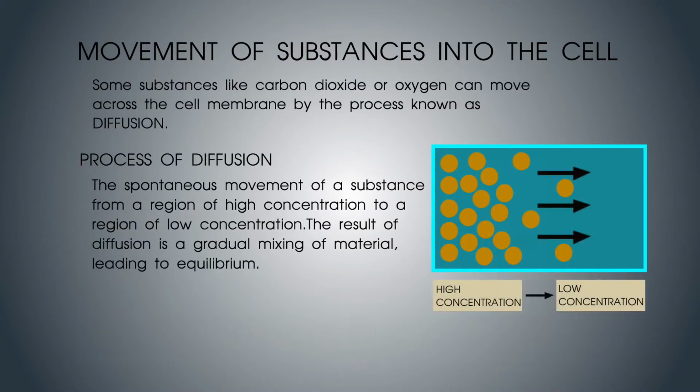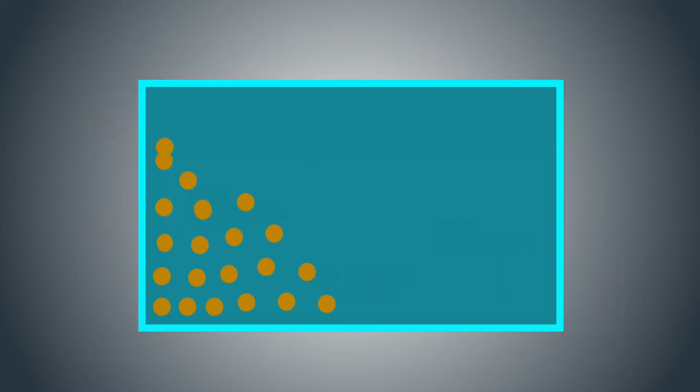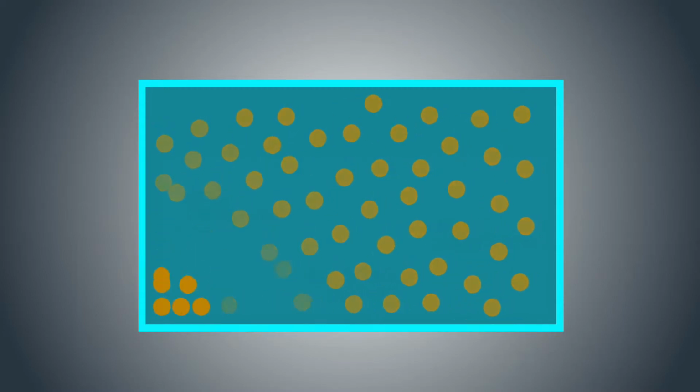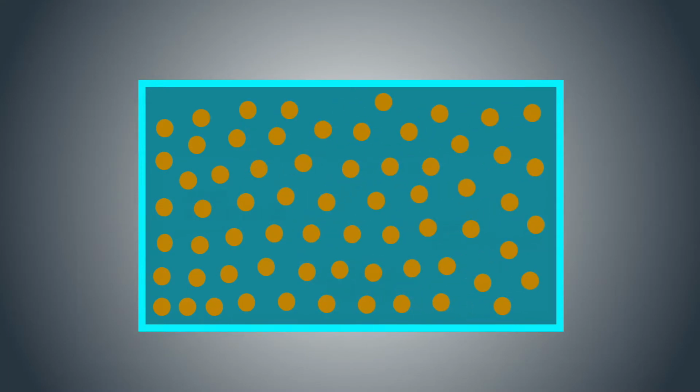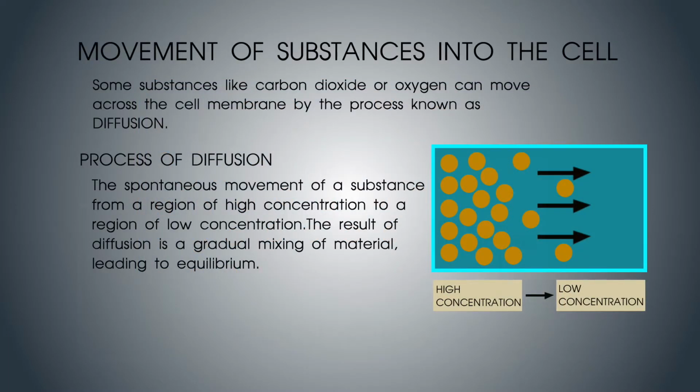For example, some substances like CO2 accumulate in high concentration inside the cell. In the cell's external environment, the concentration of CO2 is low as compared to inside the cell. As soon as there is a difference of concentration of CO2 inside and outside a cell, CO2 moves out of the cell from a region of high concentration to a region of low concentration outside the cell by the process of diffusion.